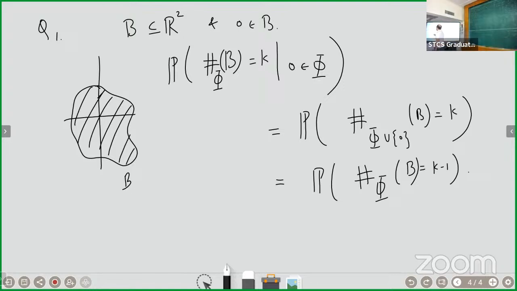To make this meaningful, I would draw a small ball of radius epsilon around the origin.